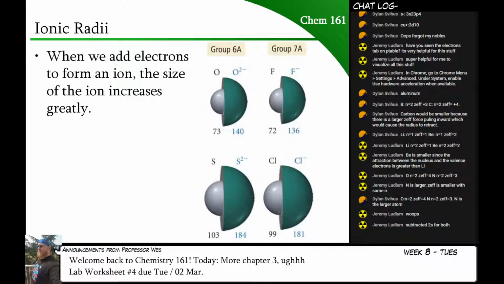Let's talk about anions. With anions, size goes up very quickly for sort of the same reason. When we calculate n and Z effective here, we're going to get the same results each time. So for oxygen, n is 2, and Z effective is still 6+ for both of these. But there are 2 extra electrons present.